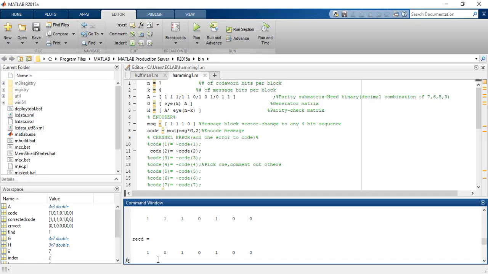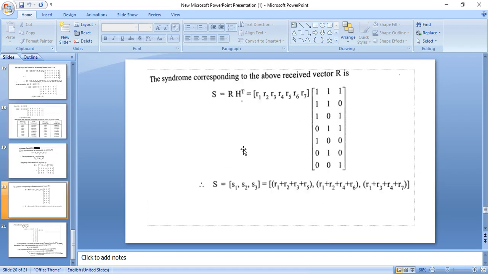For the received data, we changed the second bit, so instead of 1 it has changed to 0. Then the syndrome is calculated by multiplying the received vector by H transpose, so the syndrome is 110. This 110 is the second row of H transpose.